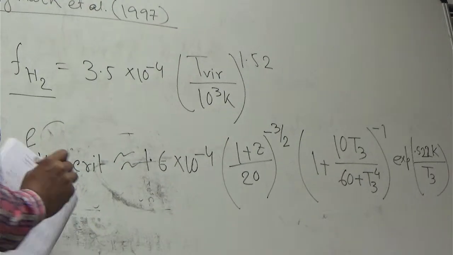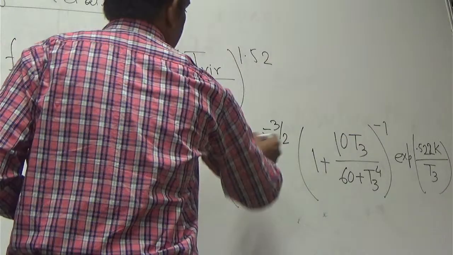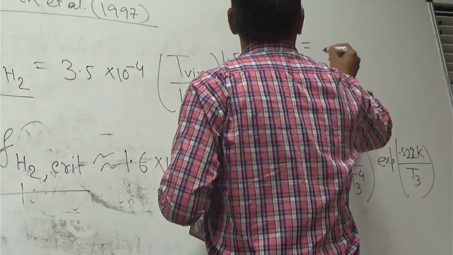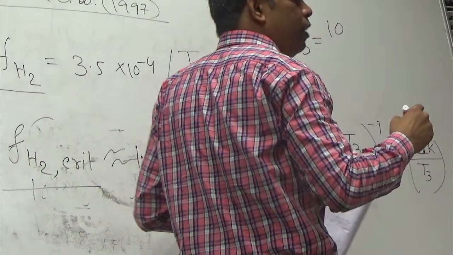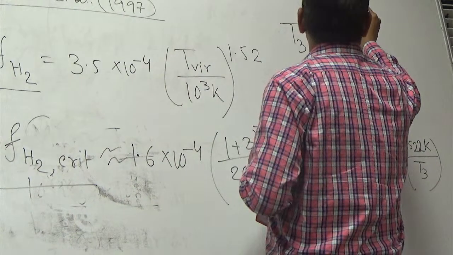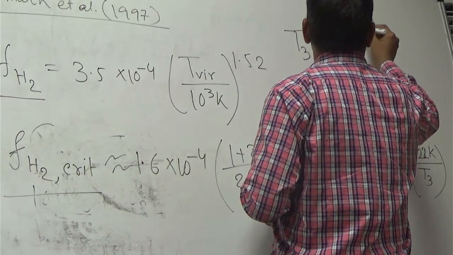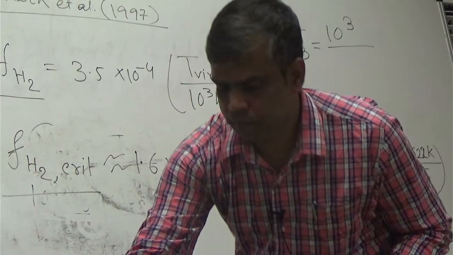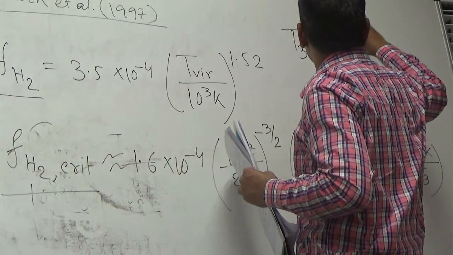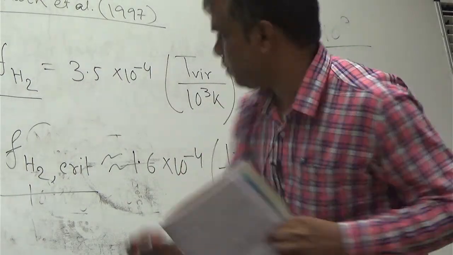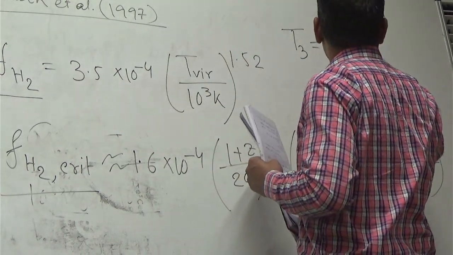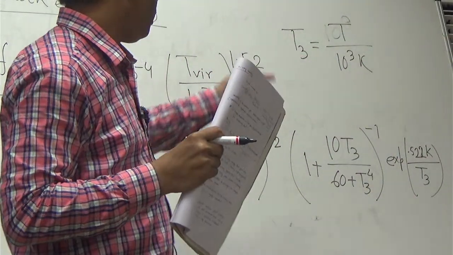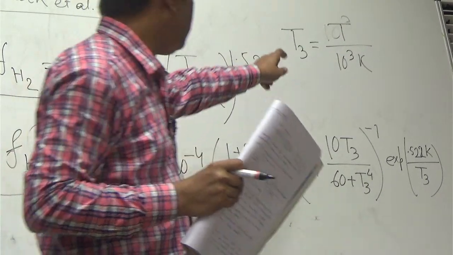This critical fraction depends on redshift, as you can see, and T3 is essentially the temperature written in units of 10 to the power 3 Kelvin. So if T is 10 to the power 3, then T3 would be 1.